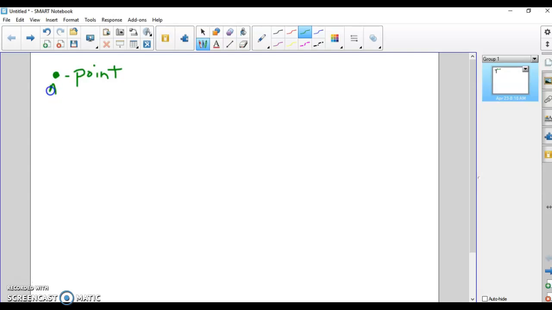So if this point is labeled A, we would say it is point A. It has no lines attached to it, and it's just a point in space. It's going to be part of our line segments and our lines and our rays and angles as well.